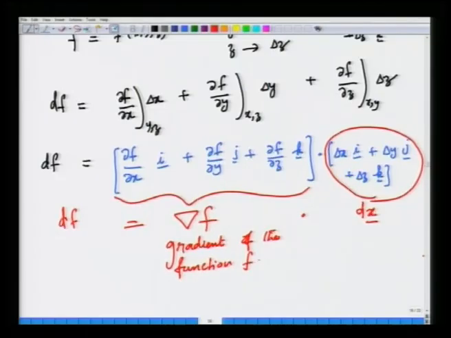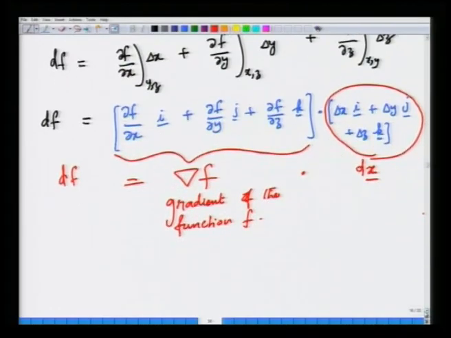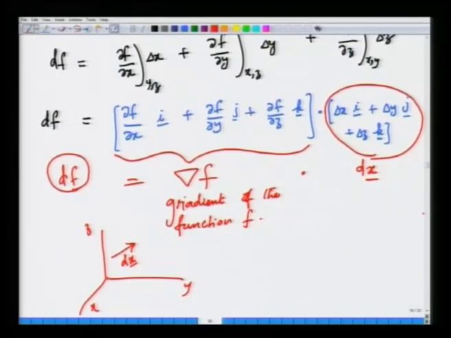So, the gradient of the function gives you information about the changes a function encounters as, suppose you have an x, y, z coordinate system and you are traversing an arbitrary distance dx. The gradient of the function has the information as to how much this function f will change, that is df, as you undergo a vectorial displacement dx about a point.